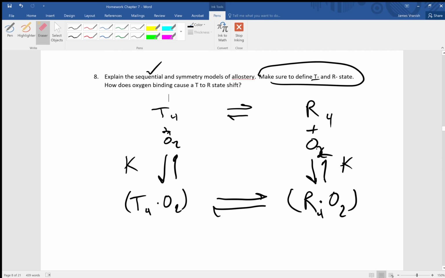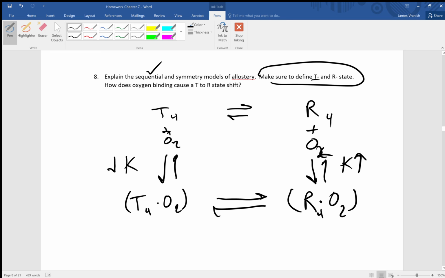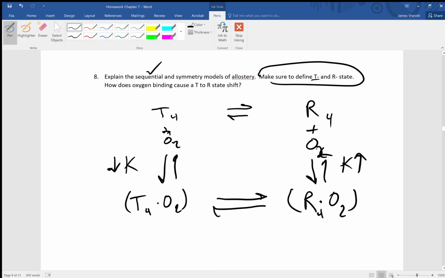We said that the R state binds oxygen more tightly. That means that this equilibrium over here should be very large compared to the equilibrium over on the left. Right? So the reaction of the R state binding oxygen should basically shift downward more so.